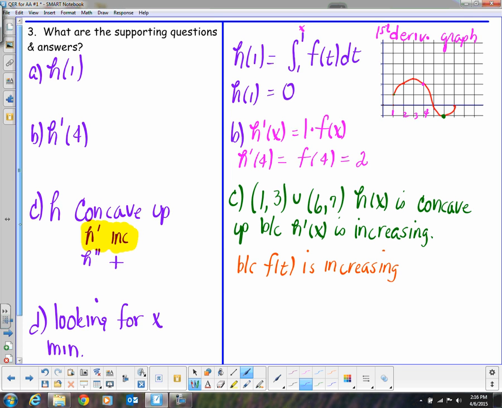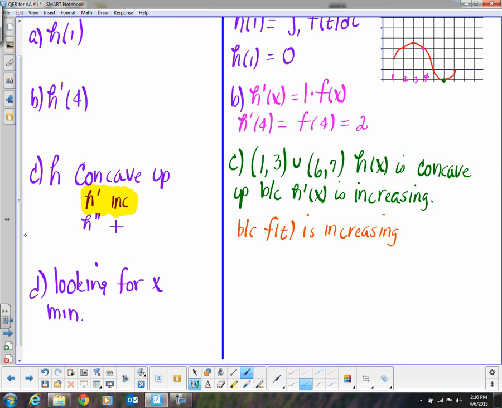So I know that it's either going to occur at the endpoints or it's going to occur at the critical number. So my endpoints, and let me get a different color, light blue. I'm going to say candidates.